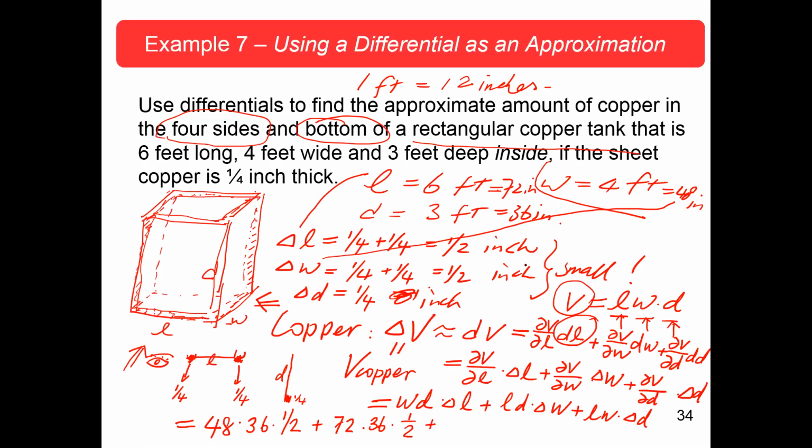Length is 72. Width is 48. And the change of the depth is 1/4. You calculate this amount and add it up, and that's the change of the volume of this tank, which is the volume of the copper that will be used. The unit of our calculation is inches cubed.